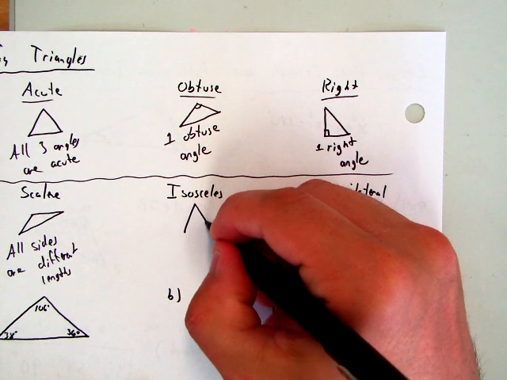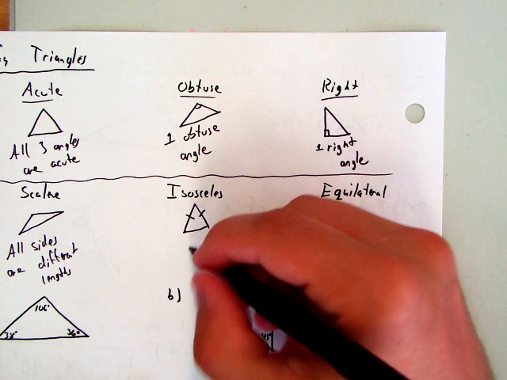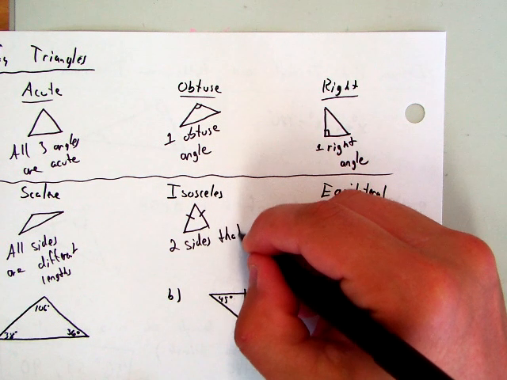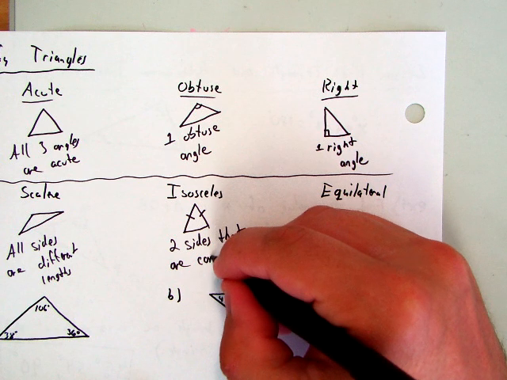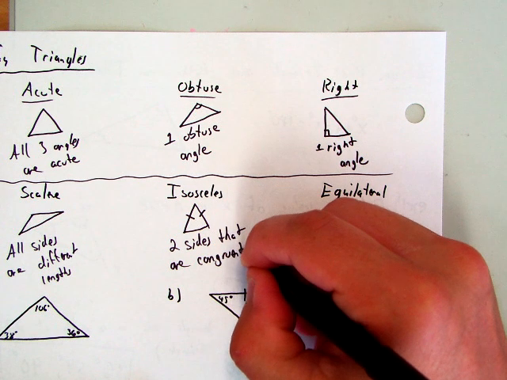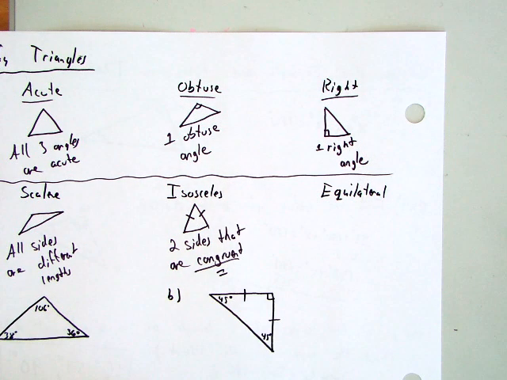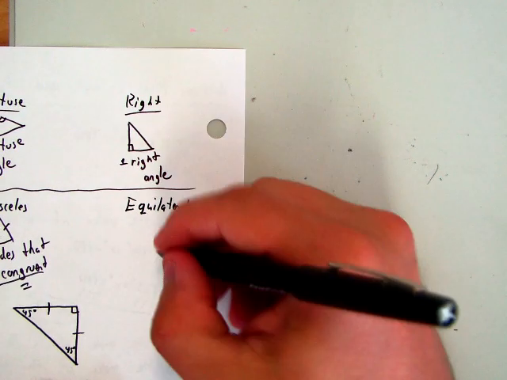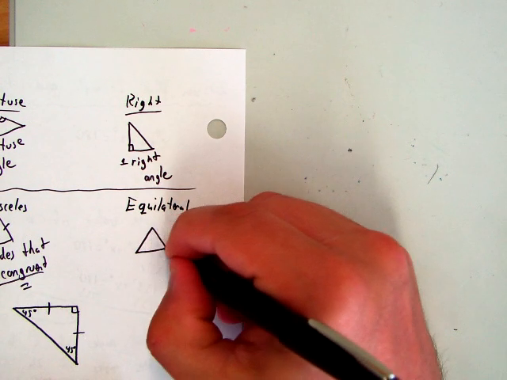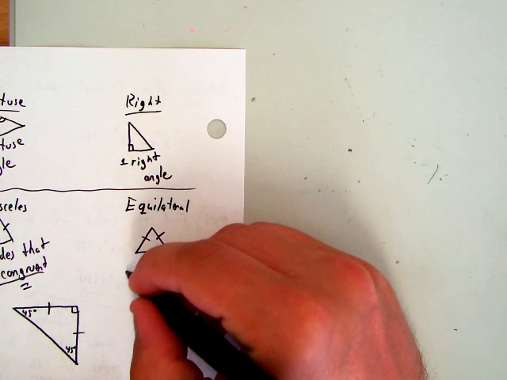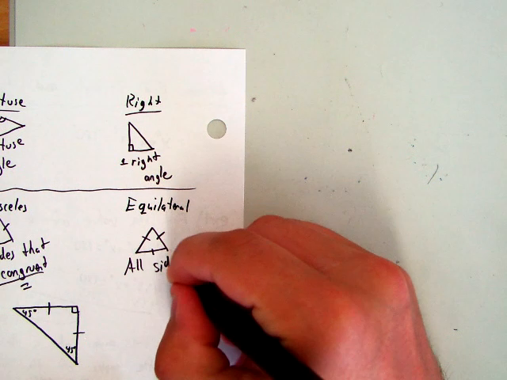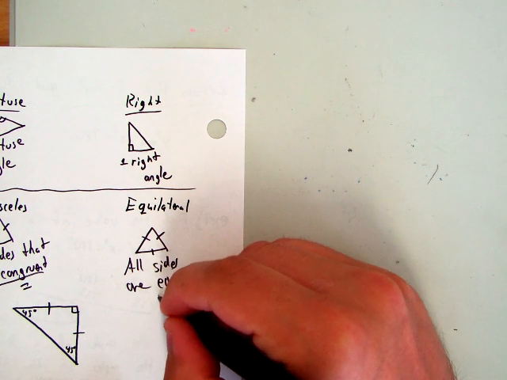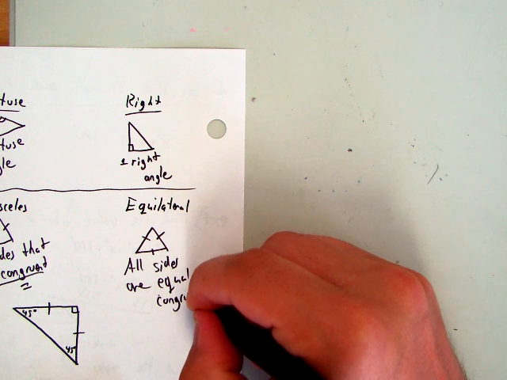An isosceles triangle has two sides that are congruent. Remember, congruent means equal. And an equilateral triangle would look something like this, and that means all sides are equal or congruent.